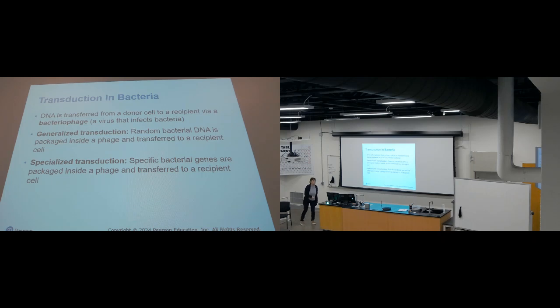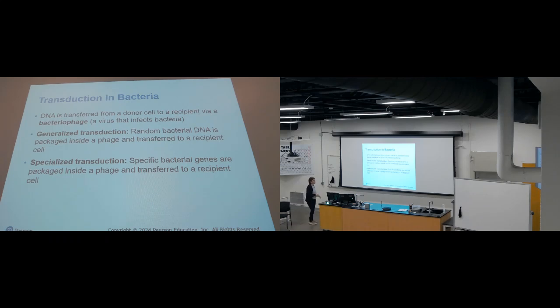So that was conjugation. Now for transduction. So in transduction, you have DNA transfer from a donor cell to a recipient cell using a bacteriophage. A bacteriophage is a virus that can infect bacteria. And then you have two types of transduction. You have generalized and specialized.